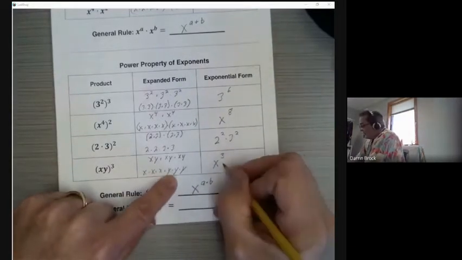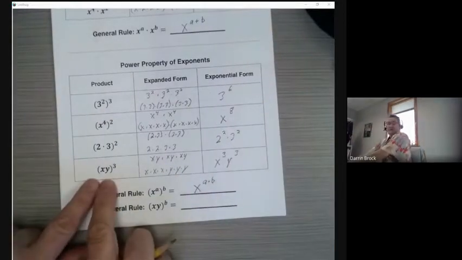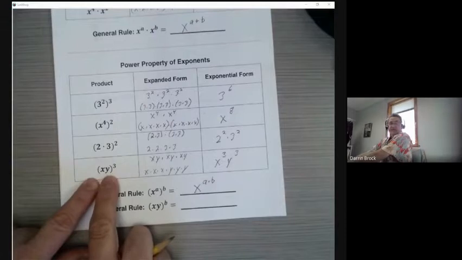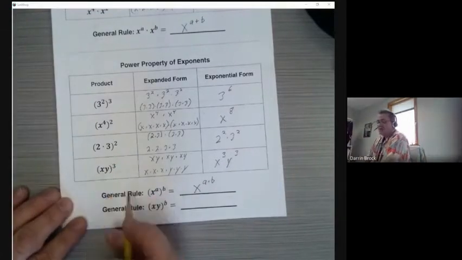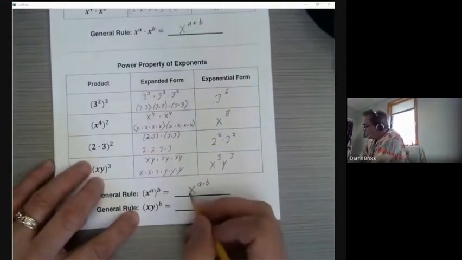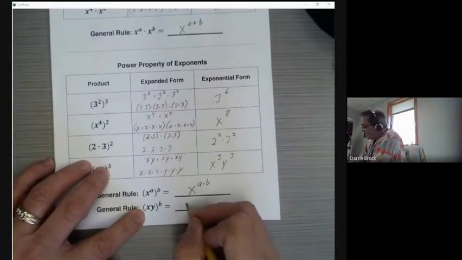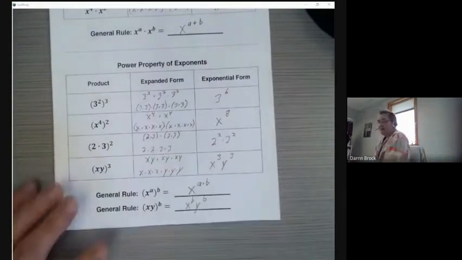And then we have 3 y's, y to the third power. So see what happened there? Well, everything inside the parentheses, the x and the y, were all taken to the third power. It's outside the parentheses. x to the third, y to the third. So the rule, xy to the b power would be x to the b power, y to the b power.